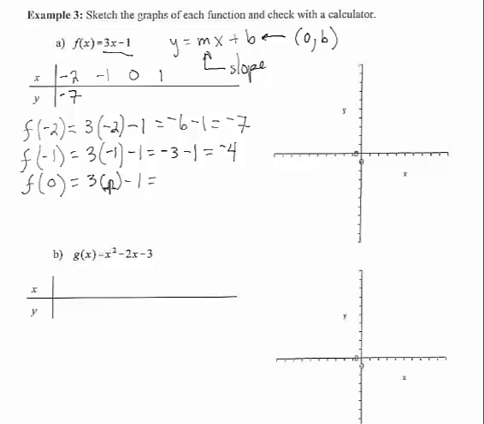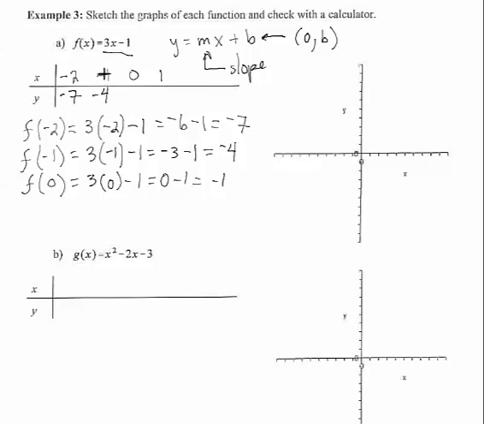And by cancel out, I simply mean when we plug in this 0 and it multiplies the 3, we simply get 0. And so I end up with 0 minus 1 equals -1.